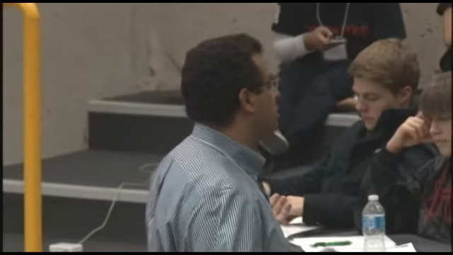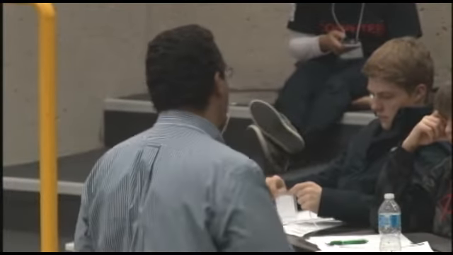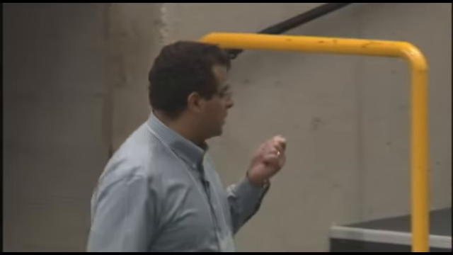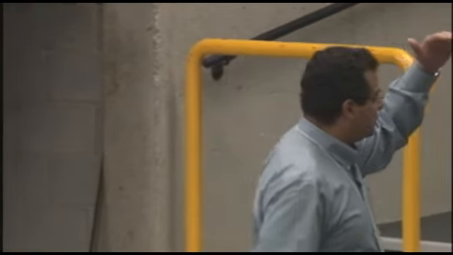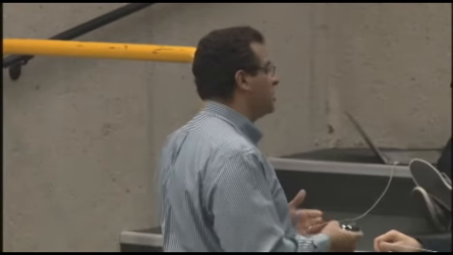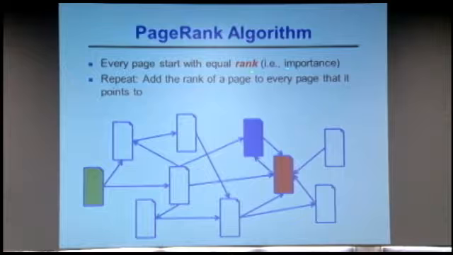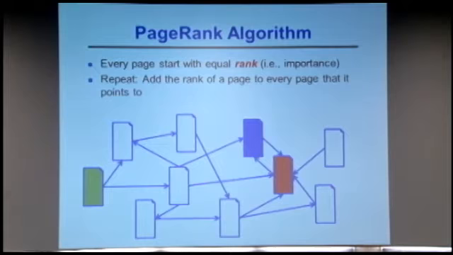Initially, the algorithm doesn't know which page is more important than the other, so all pages are given equal weight. Let's say that we represent importance by a number, and the higher the number, the more important you are. So everybody in the beginning gets an importance of 1. We call this importance the rank. So every page starts with an equal rank, let's say a rank of 1.